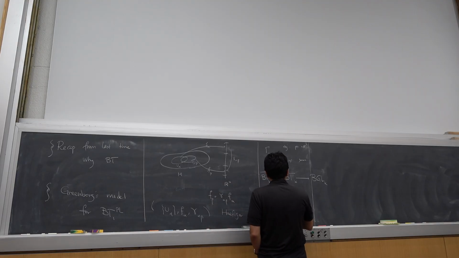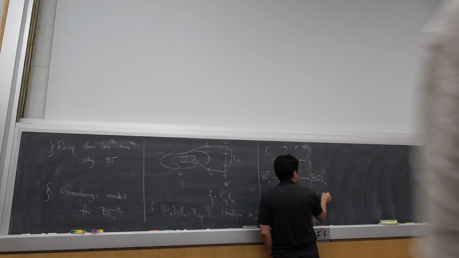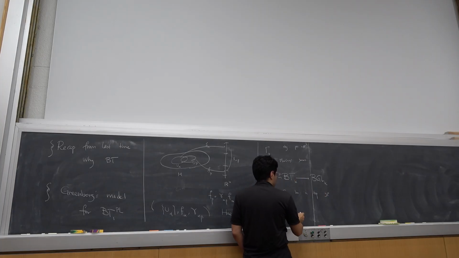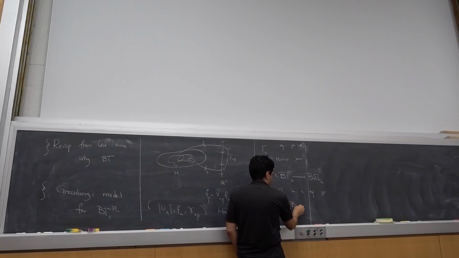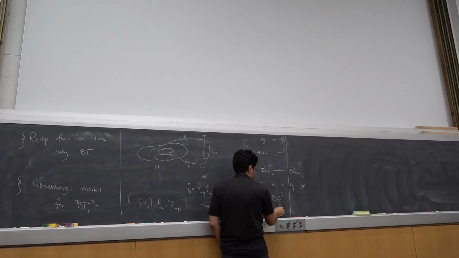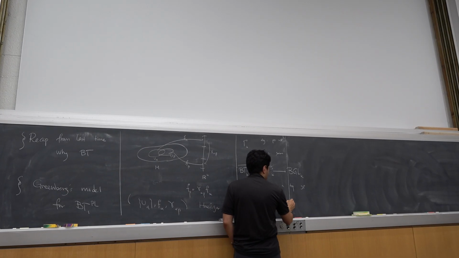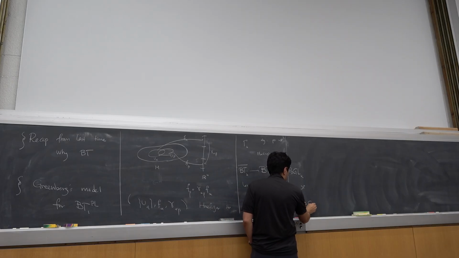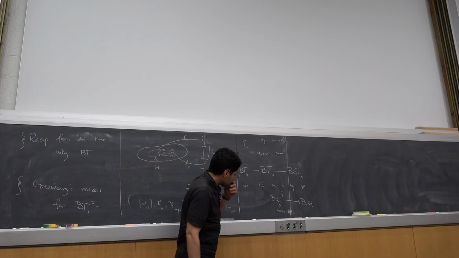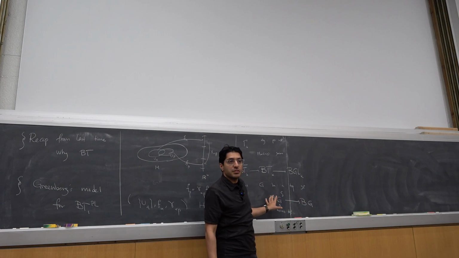And similarly, if you have a group G, so let G be a topological group, then we have a map from BG^delta, and this is G with the discrete topology, to BG. This is a map that is induced on the level of groups by just the identity.